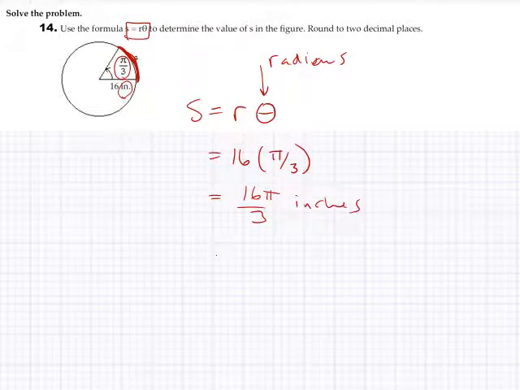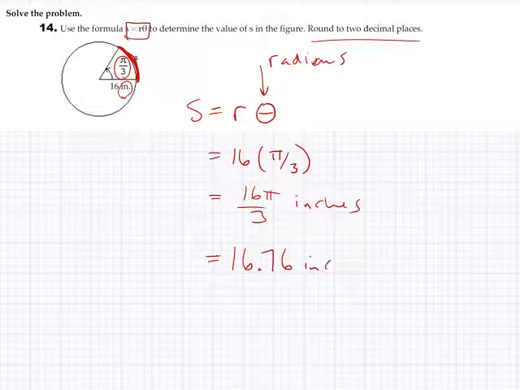If you would convert that to a decimal and round to 2 decimal places, 16 times pi would be about 50, and then you would divide by 3, and you would get roughly 16.76 inches.